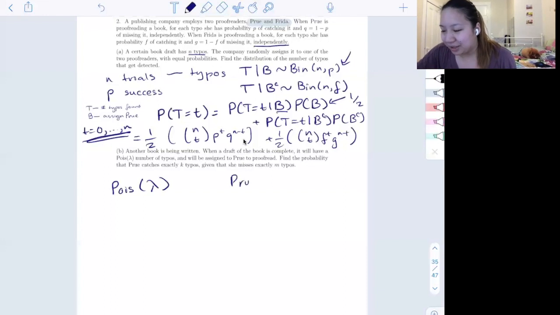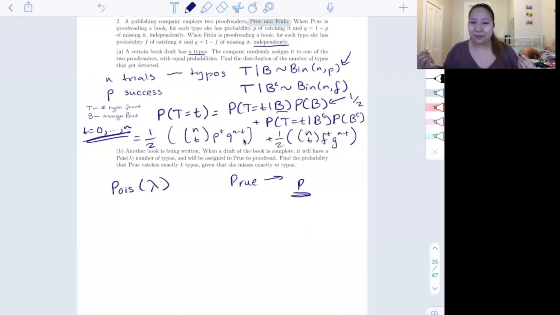Prue catches each typo with probability P. All right, so this is exactly chicken egg, where the typos themselves are the eggs, the number of eggs that the chicken is laying, and the probability the egg is hatched is P. And in this case, a hatched egg would be Prue catching the error.